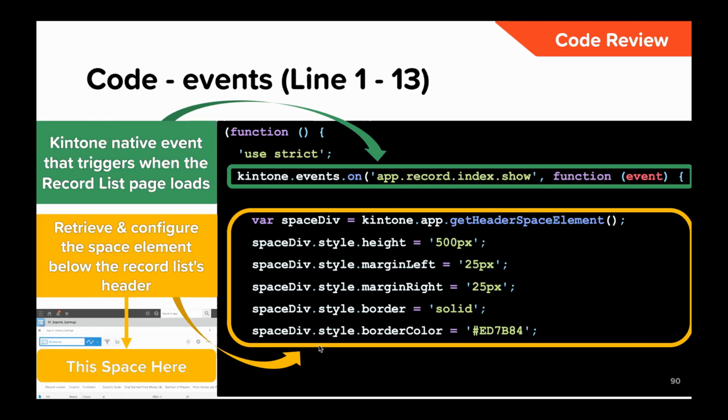The Kintone API exposes a method that allows us to grab the right div. This method is called getHeaderSpaceElement. In the header of Kintone, we've grabbed the div in JavaScript using a method, and then we can begin to style it, give it certain heights and margins and borders and colors. That's what's happening over here.